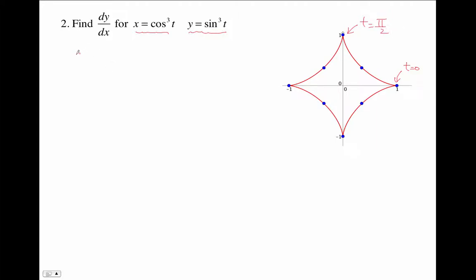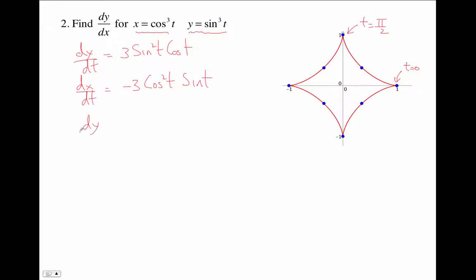Now, take dy by dt. This is 3 sine squared t into cosine t, and dx by dt will be almost the same thing, but with a negative sign, minus 3 cos squared t sine t.